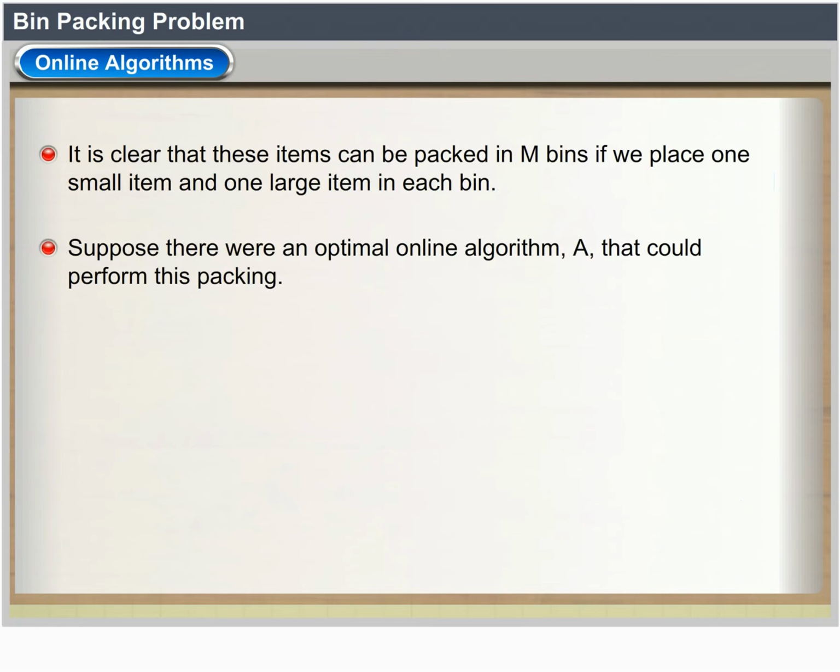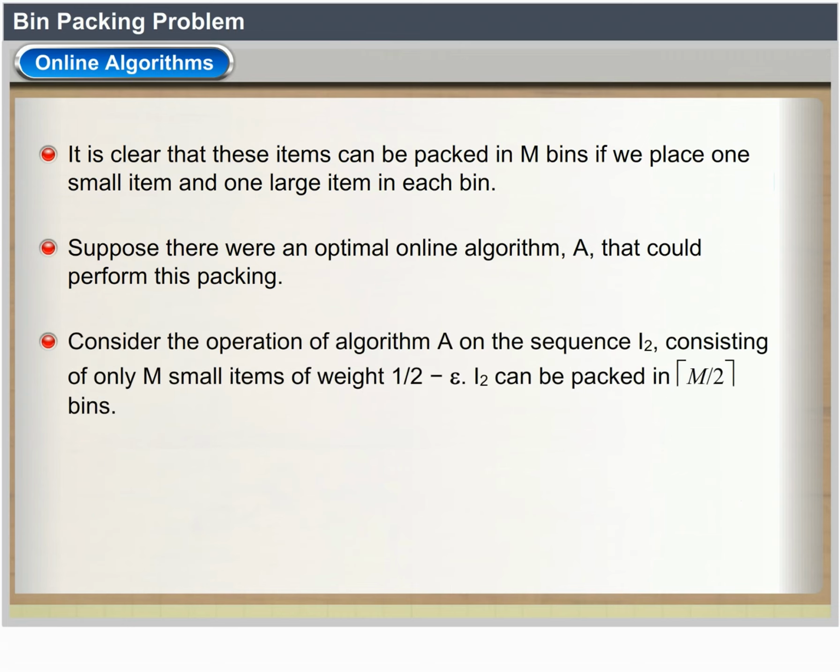Suppose there were an optimal online algorithm A that would perform this packing. Consider the operation of algorithm A on the sequence I2 consisting of only m small items of weight 1/2 minus epsilon. I2 can be packed in ceiling of m/2 bins.